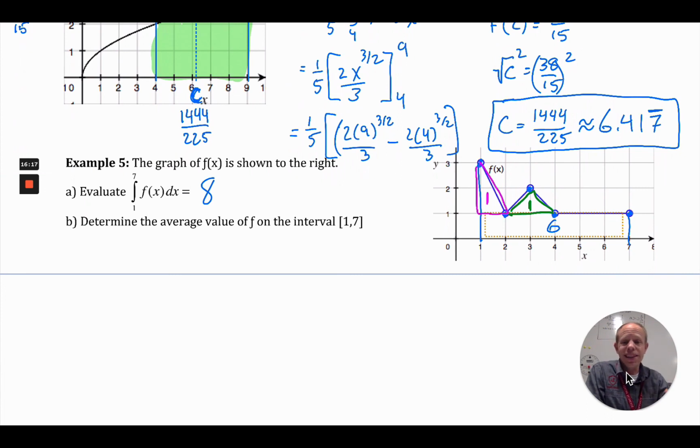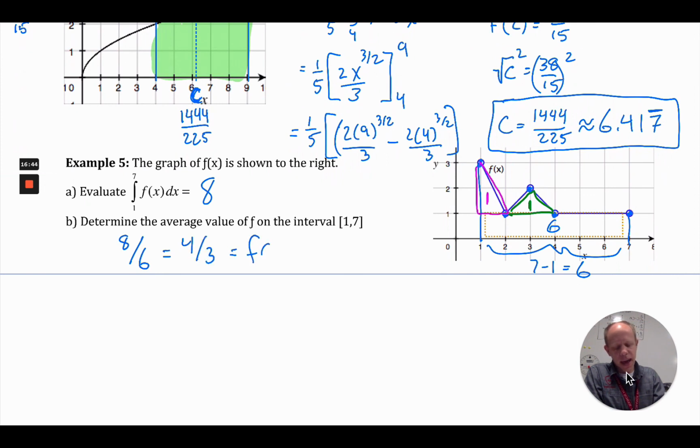So if I want to find the average value of this function on the interval 1 to 7, I can really just divide by the width of that interval. And the width of this interval is going to be 7 minus 1, which equals 6. And so if I want to find that average value, I can really just take 8, the total area, divided by 6, and that gives me my average value f at c.